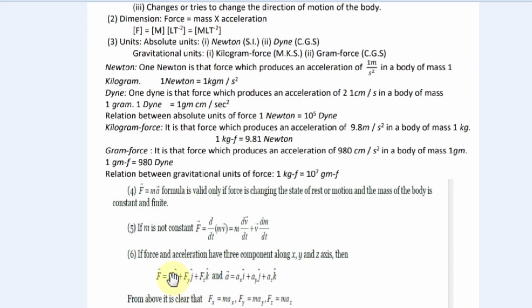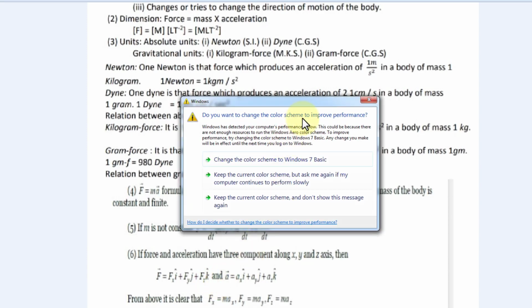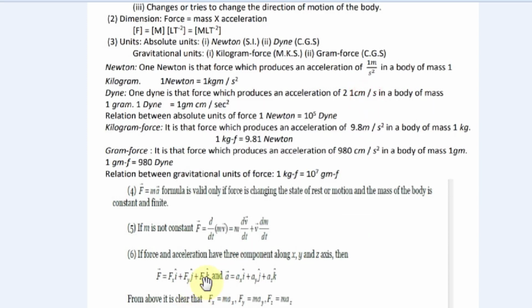These are the components along the x-axis, y-axis and z-axis. Similarly, acceleration also: a vector is equal to ax i cap plus ay j cap plus az k cap. These are the vectors along the x-axis, y-axis and z-axis.